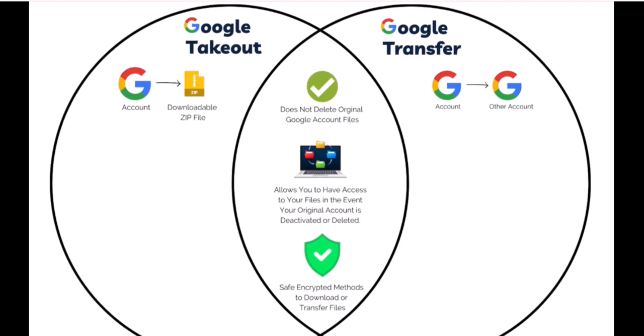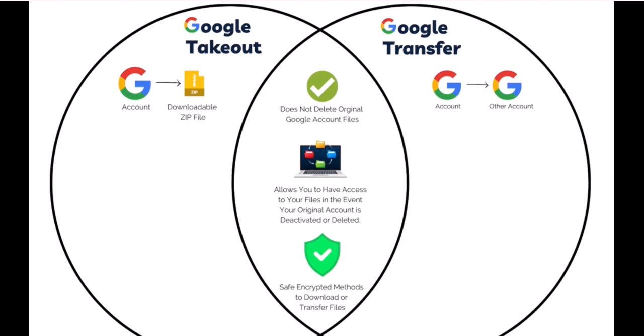So seniors, when you graduate, your Google account here at school is deleted. Teachers, when you retire, your Google account is deleted. So you need to get your stuff out. And also, this is a safe, encrypted method to download or transfer files. So this is safe. Now let's look at how they're different.